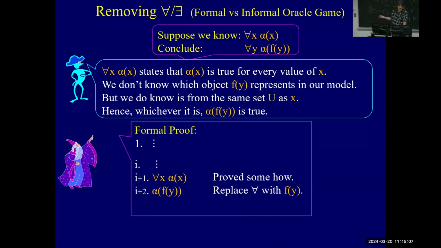So when I rip off the for all, I can put any term in there I want, and now I have a free variable y, so I can put the for all back. People see that?